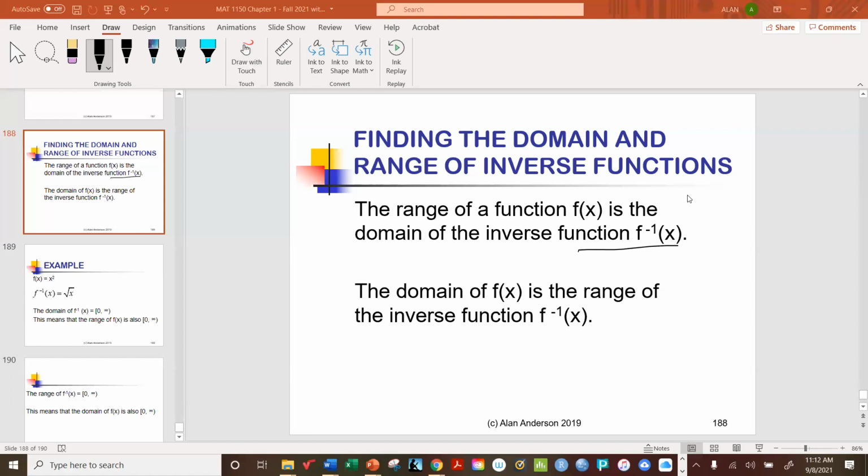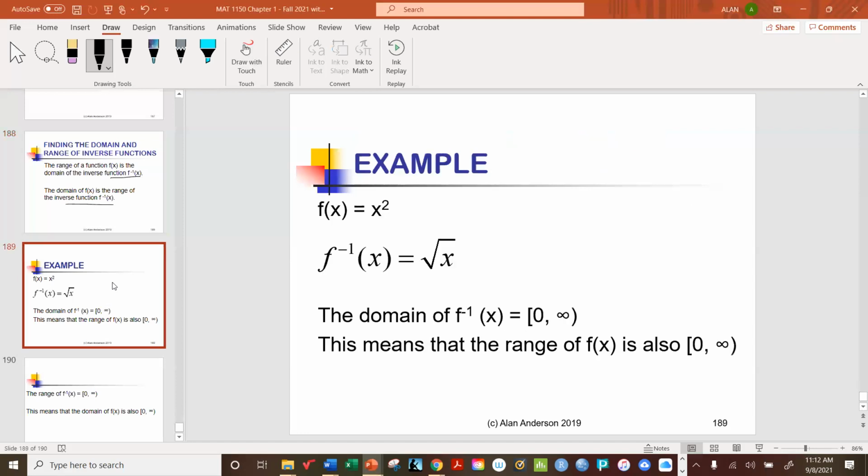All right. Anyway, here are the results, which are very interesting. The range of a function is the domain of its inverse, and the domain of the function is the range of its inverse. Well, that couldn't be more convenient. So look at this one. Now here we're just taking this for granted, but we've already discussed this one. So what is the domain? Well, you can't have a negative square root in the real number system.